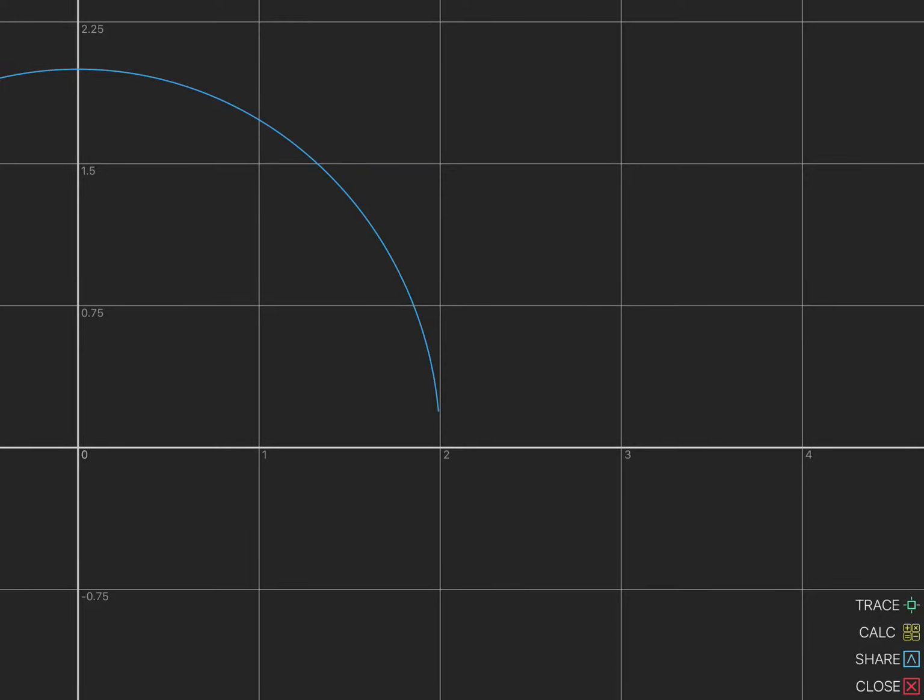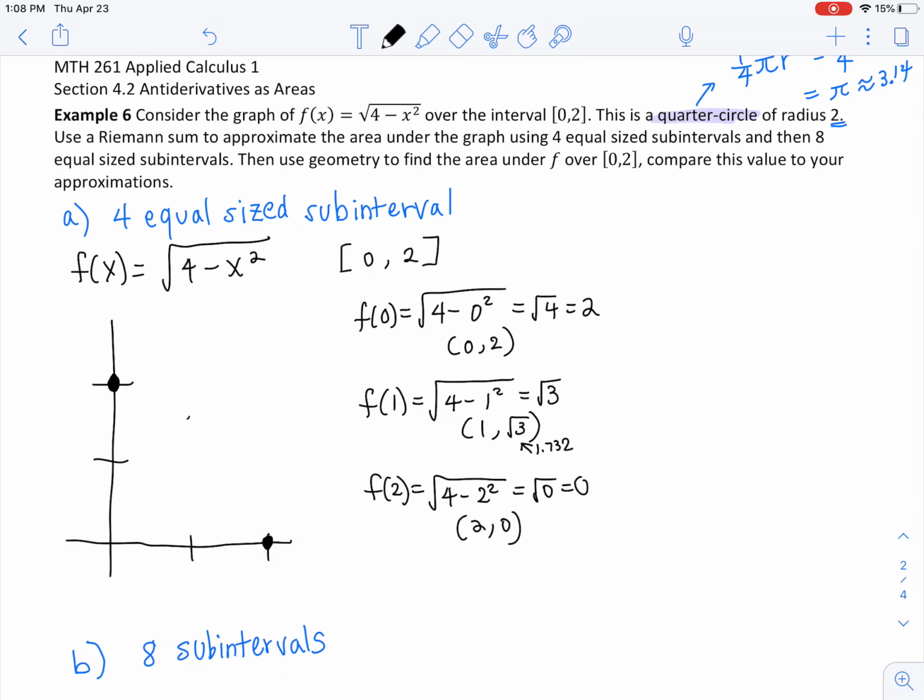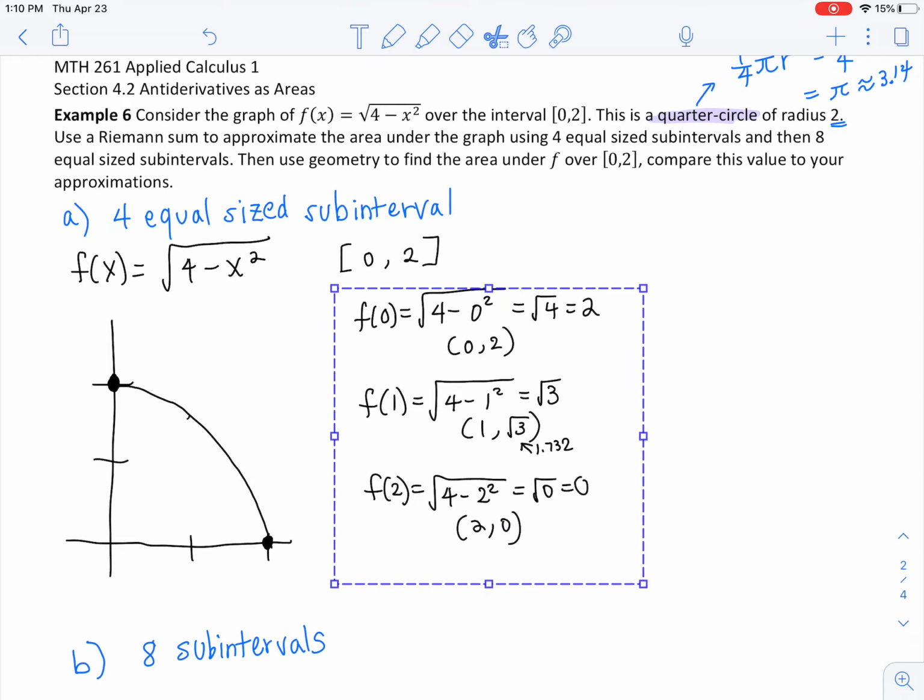I'm trying to make my equal scale. You see what they mean by, hey, this is a quarter circle. It is a quarter circle. So what I want to do is I want to draw a perfect quarter circle. But you can use your graphing calculator just to kind of get the picture first. Oh, that looks bad.